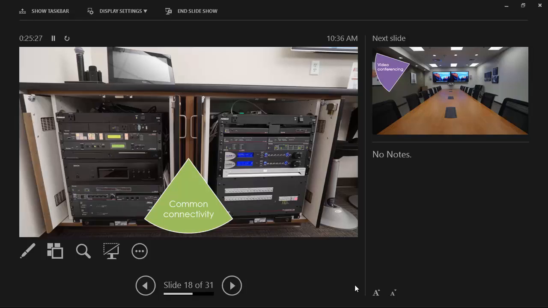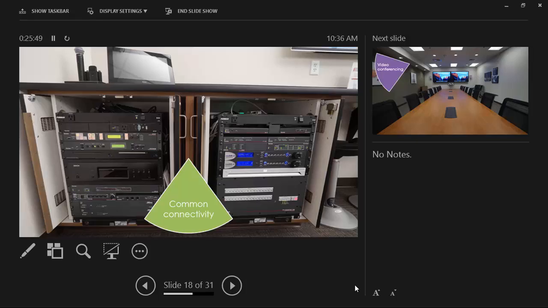There's a Blu-ray player. There is a Mac Mini that they have access to. There is a lecture capture device. So no matter where they are, they'll walk in and at least have some common core connectivity, and it was important for us to have those in all of those rooms.